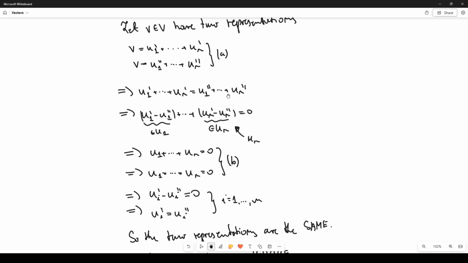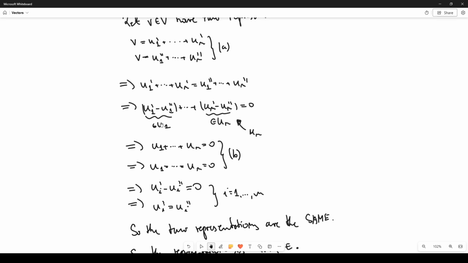And now we just transfer all of these terms to the left, we group them, and then we have the following. So U1 prime minus U1 secundum. Well, since U1 prime belongs to U1 and U1 secundum belongs to U1, and this is just addition, this whole difference belongs to U1, and the same goes for all the other groupings of elements.